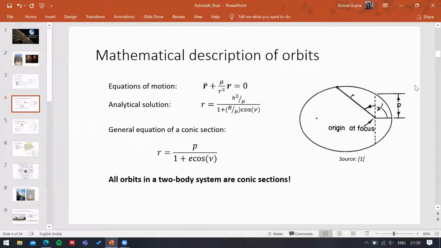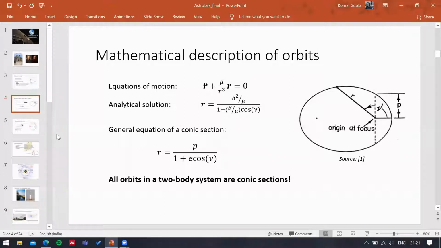But the thing to notice here, which is pretty interesting, is that this equation looks deceptively similar to the general equation of a conic section, written in a coordinate system such that the focus is at the origin. This is basically telling you that all orbits in two-body systems are conic sections.